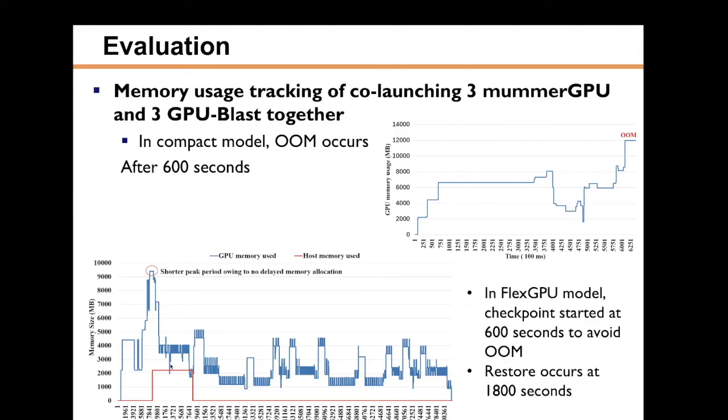As a result, running 3 MemoryGPU and 3 GPU Blast concurrently works with FlexGPU. And when the checkpointed part becomes necessary again, we can observe that FlexGPU brings it back to the GPU memory and continues the execution of the corresponding kernel.